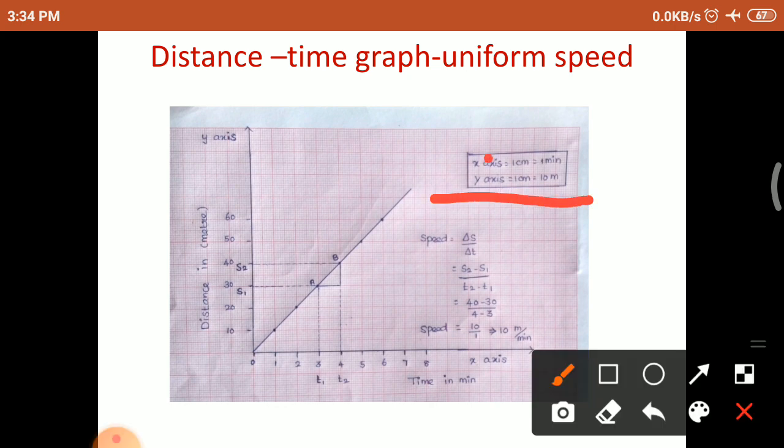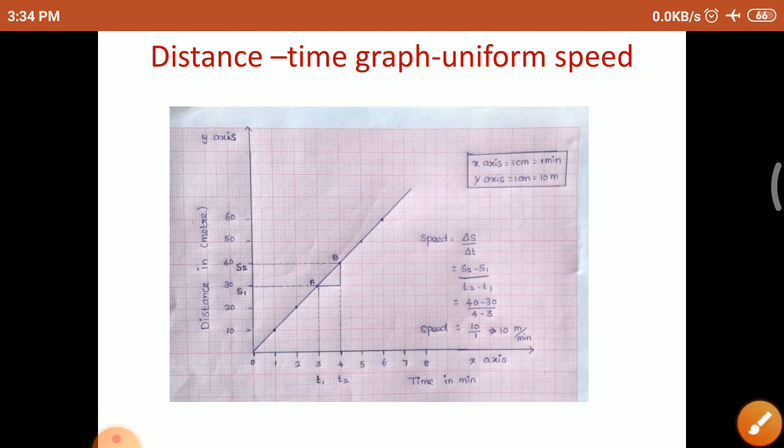On the x-axis, 1 centimeter is 1 minute, and on the y-axis 1 centimeter is 10 meter. The scale is very important. In distance and displacement, I gave some numericals related to distance and displacement. You know that they gave the value of 1 centimeter, 1 kilometer, 1 meter. The same thing you have to give here also.